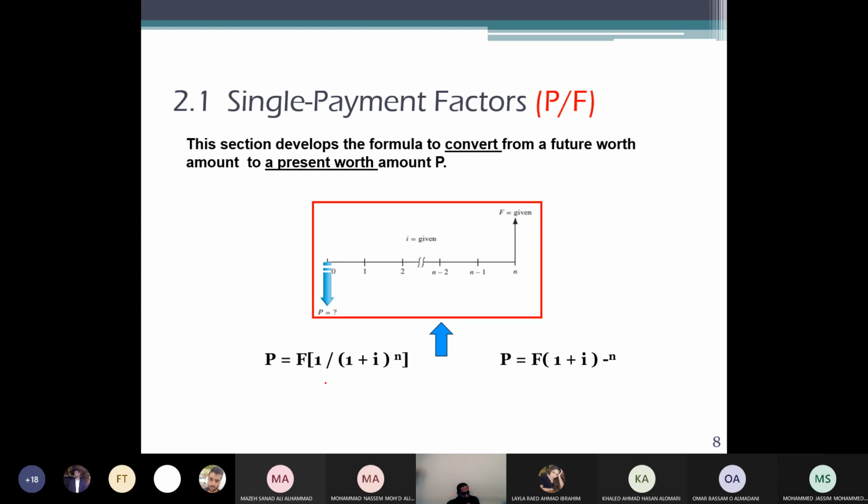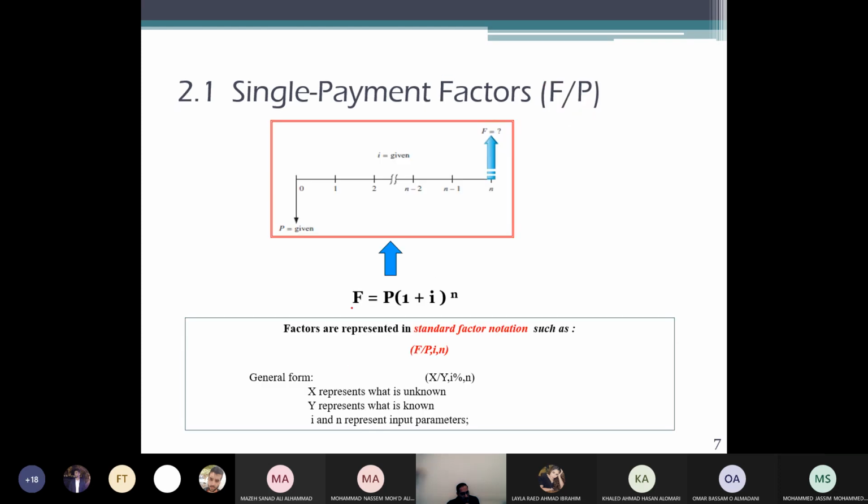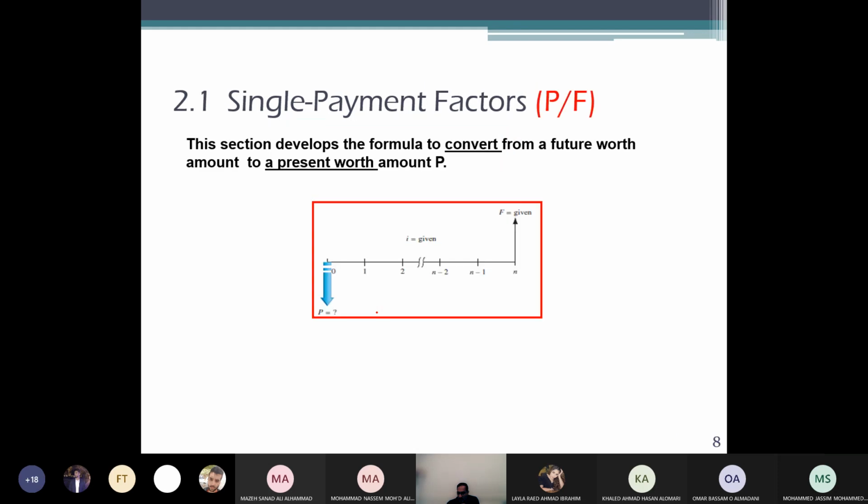As you can see, F over the factor, because you remember, when a term comes out like this, what happens? You put it over one. The process we always know: you reverse the equation. Now if you reverse the equation, you put one over this, so you're going to start opening the factors. You will end up with 1 divided by this. If you want to take it upward, what happens? You put minus n.